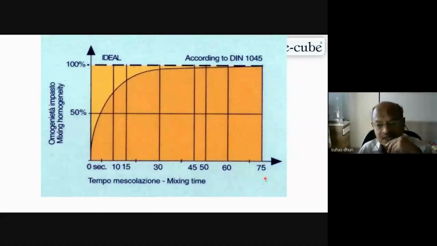So you dispatch the concrete, you take the slump or the flow, around 500 or 550 flow at the batching plant. And once it has reached the site after 1 hour, you will find flow has increased, maybe 700, 750. So there is a doubt that they added water into it.